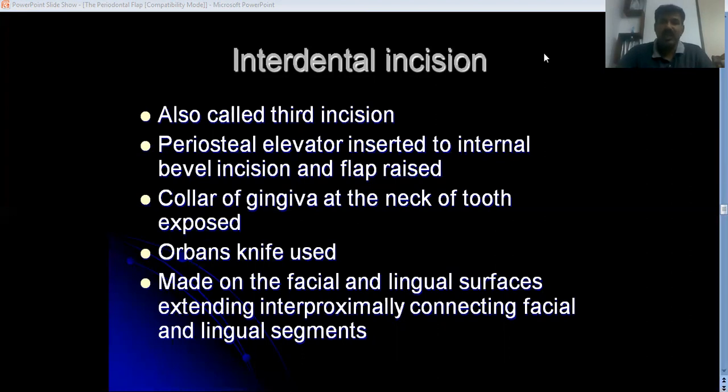Orban's is a spear-shaped gingival knife, to go in from the labial aspect and then from the palatal aspect also. The whole of the interdental tissue, that V-shape, will come off. That is the basic idea of this interdental incision. So when you do all three types of incision, the entire pocket lining around the whole of the tooth is removed.